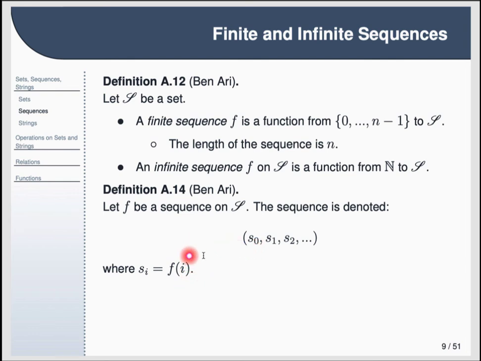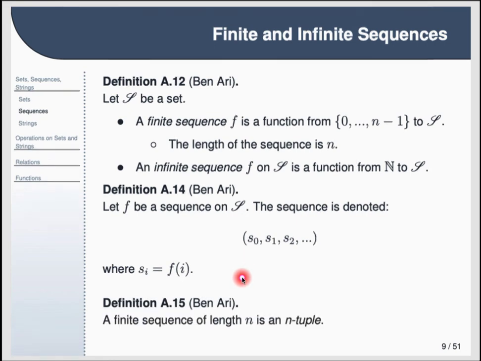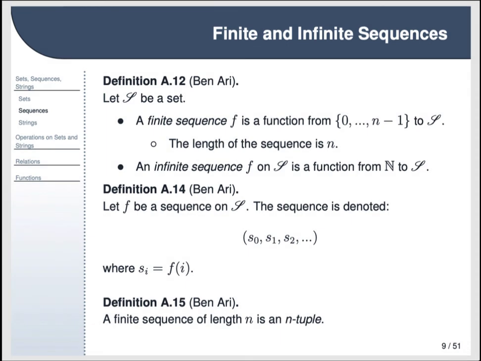We plug in 1, we get S sub 1 as the output. So this gives us both the ordering and the value of the elements in the sequence. Finally, just another bit of terminology. We can call a finite sequence of length n an n-tuple.